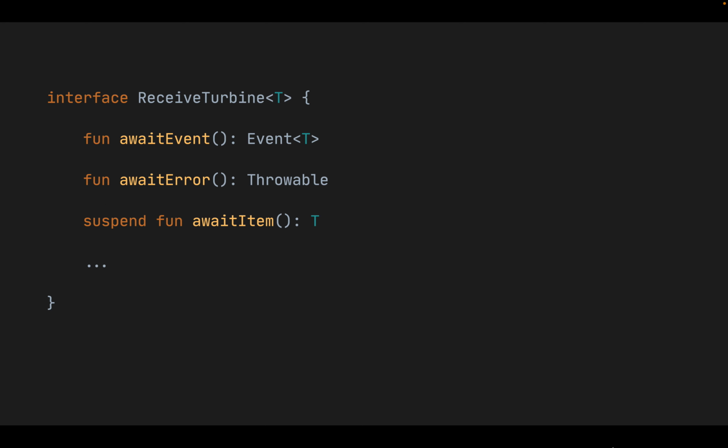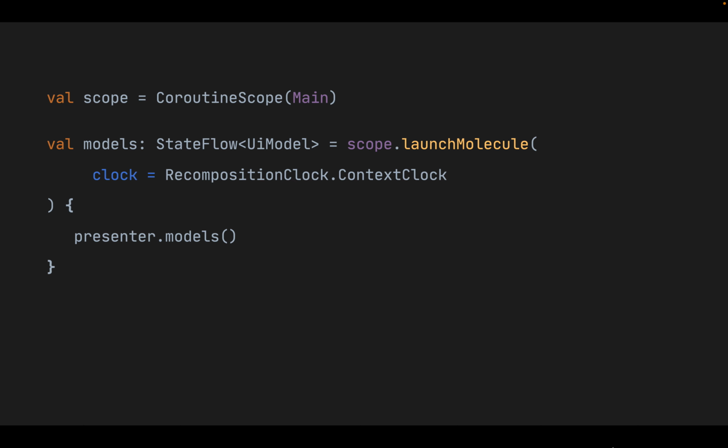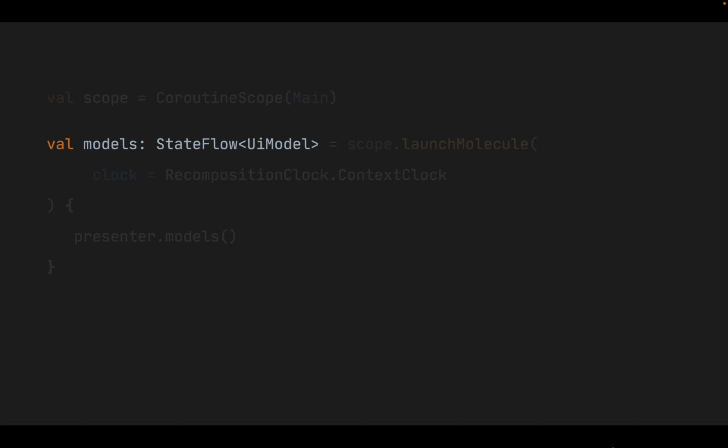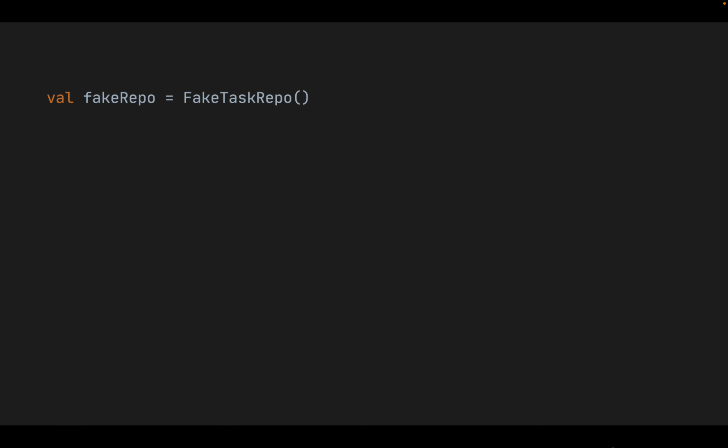Some of these methods are: await an event, await an error, await an item, etc. Since launching a molecule returns a state flow, I could utilize this test extension method with it. So the way you go about doing this for our example is to first create a fake repository that we're going to inject into our presenter.